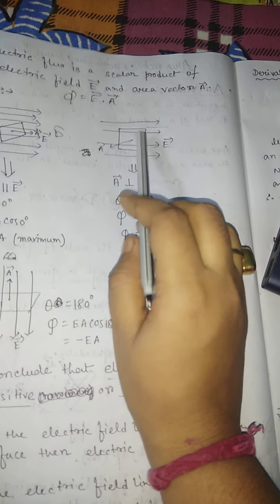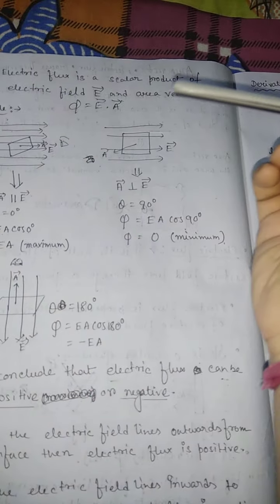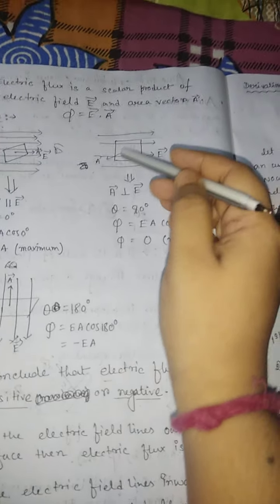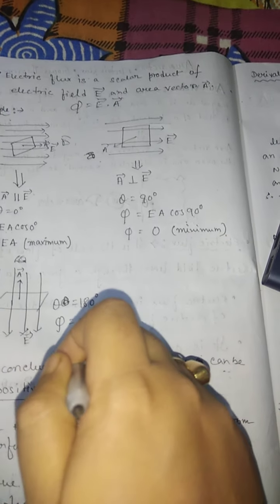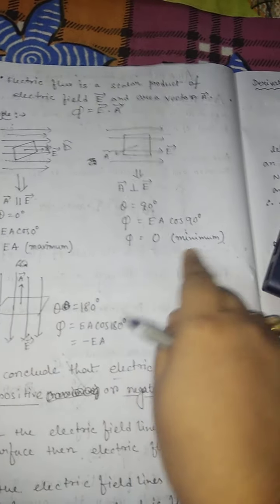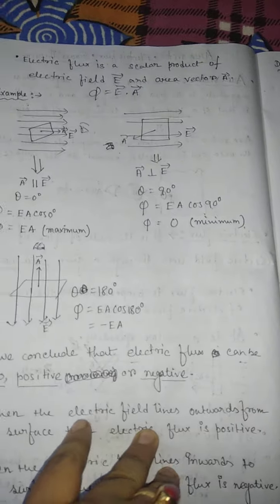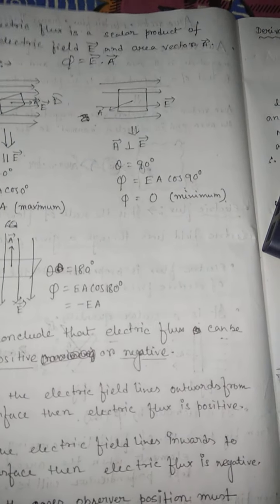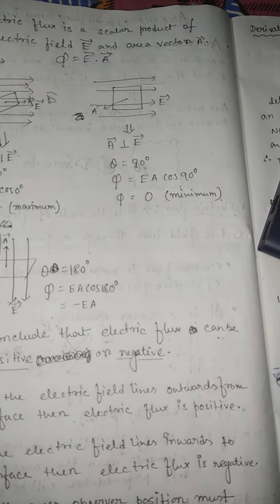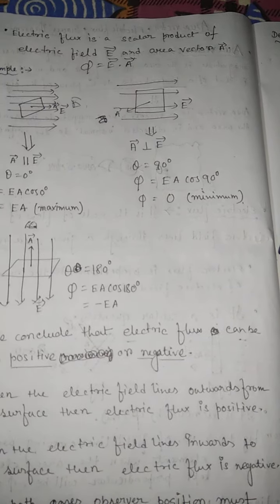In this case, the area vector and the uniform electric field lines are perpendicular to each other, that means theta equals 90 degrees. So phi equals 0. In this position, no electric field lines link with the surface, and if no field line links with the surface, then electric flux is 0.